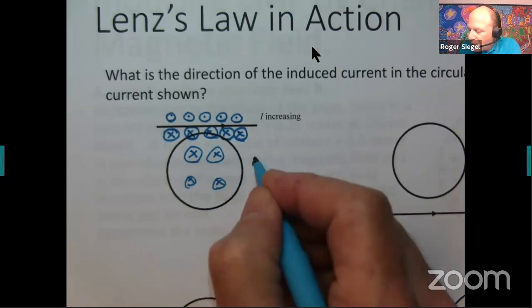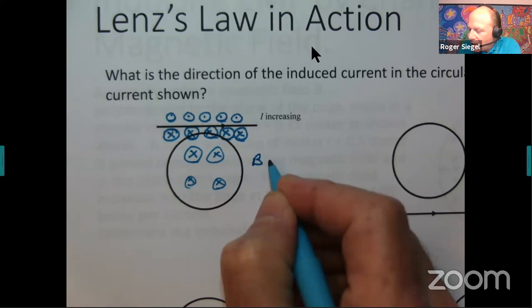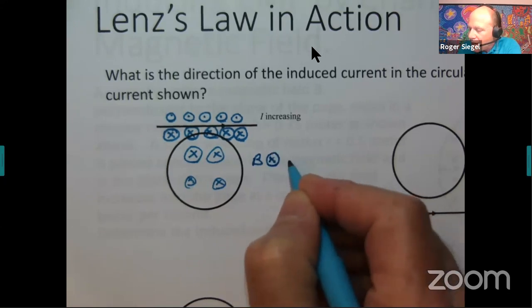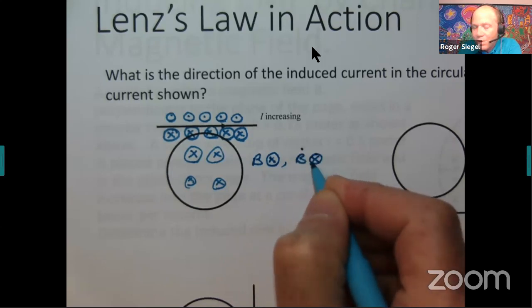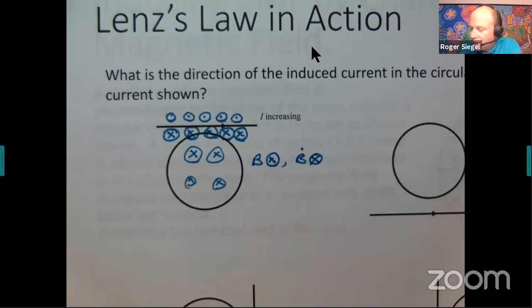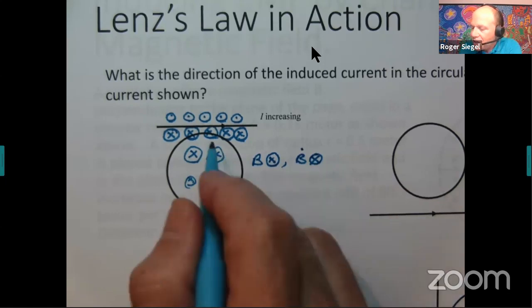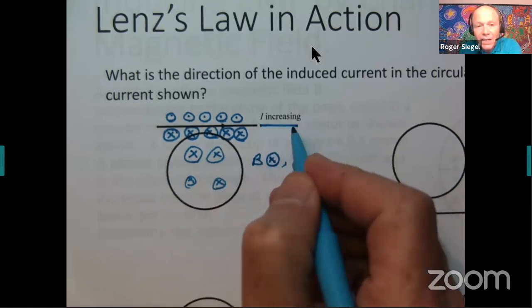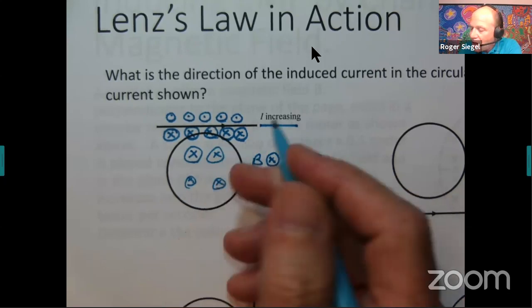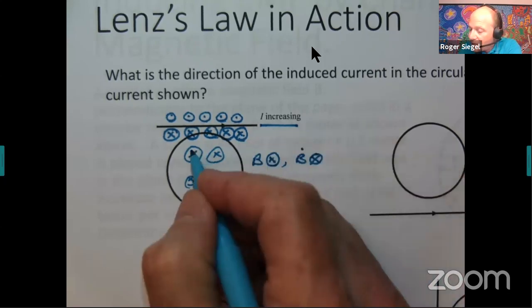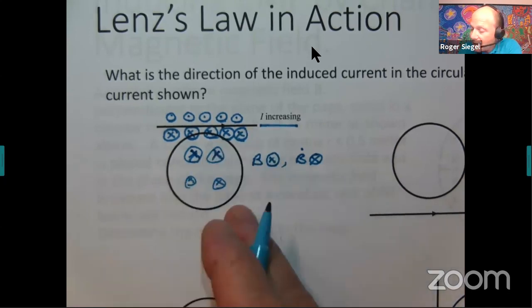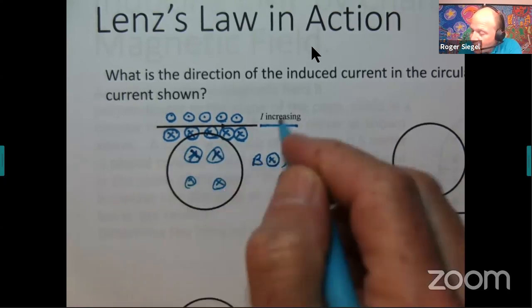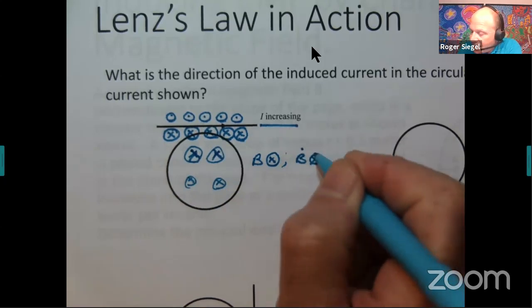So my B field is going into the loop. And I'm also going to say that B dot is into the page. That is, the change is into the page. As this current increases, this magnetic field into the page increases as well. And so as this magnetic field increases, B dot is into the board.